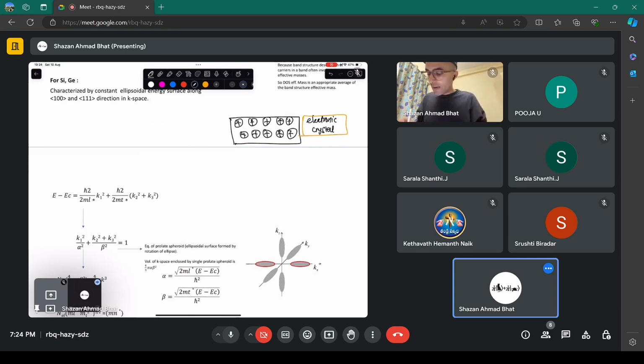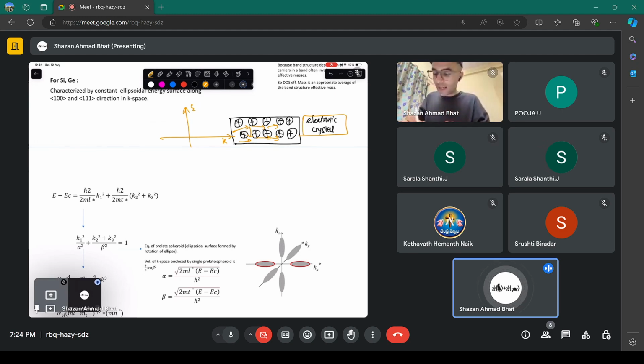If you fire an electron over it, or let's say an electron is moving inside it, it will go here and there. And what the E-K diagram gives you is what values of energy of the electron in certain directions of K will be accepted by this crystalline structure, or what energy values of the electron will be possible in different K directions.